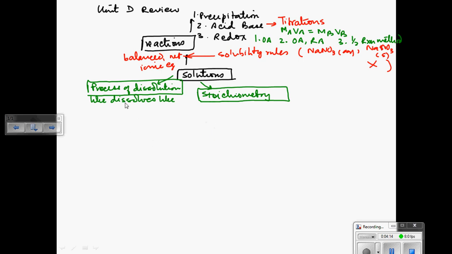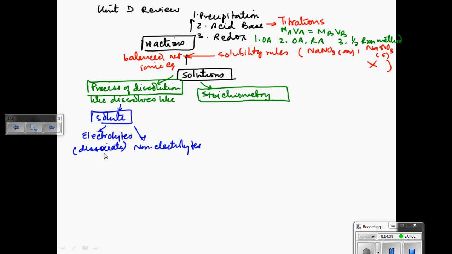So when we talk about the process of dissolution and like dissolves like, we need to pay attention to the nature of the solute. Solutes can be electrolytes or non-electrolytes. Electrolytes are the solutes that dissociate, and non-electrolytes do not dissociate. So what are electrolytes?